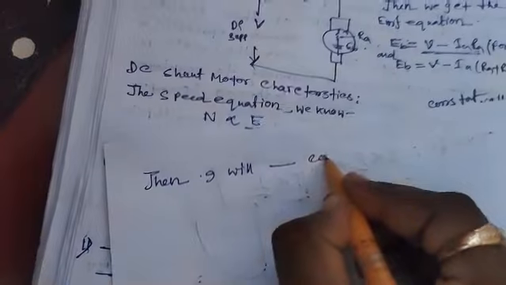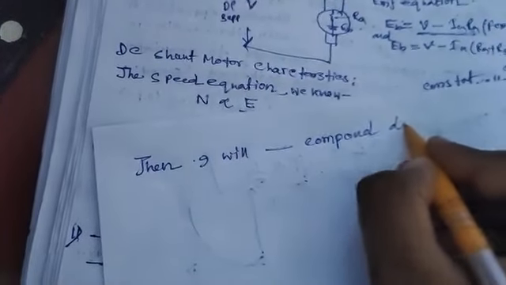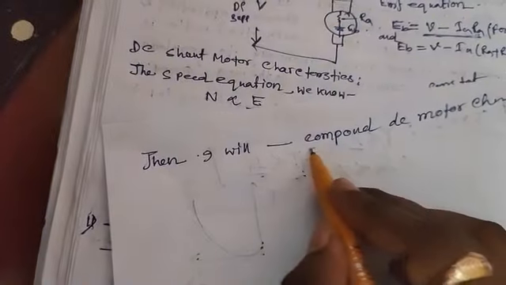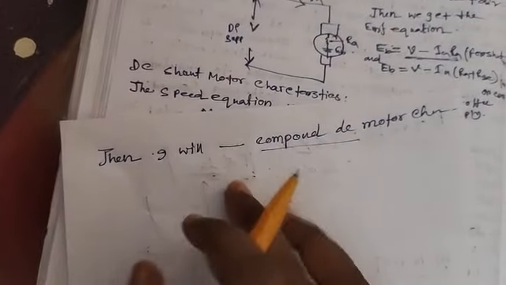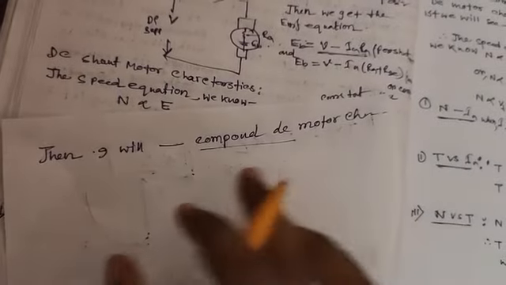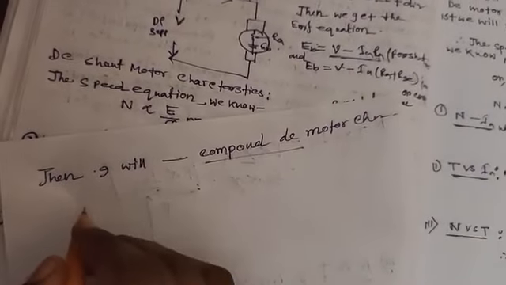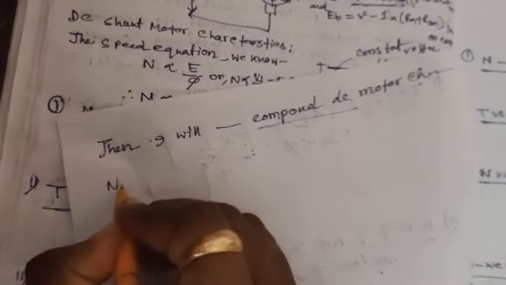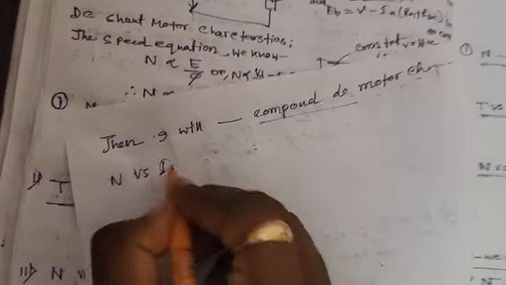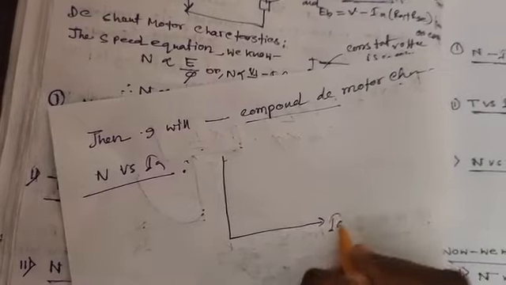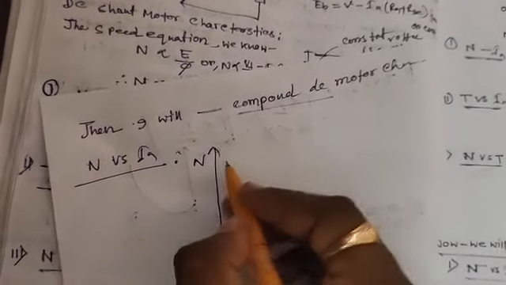Then I will discuss the compound DC motor characteristics. We already know compound DC motor means series and shunt are combined with each other, so the characteristics are also like series and shunt combined. First we draw the characteristics of speed versus armature current. Armature current on the x-axis, speed on the y-axis.